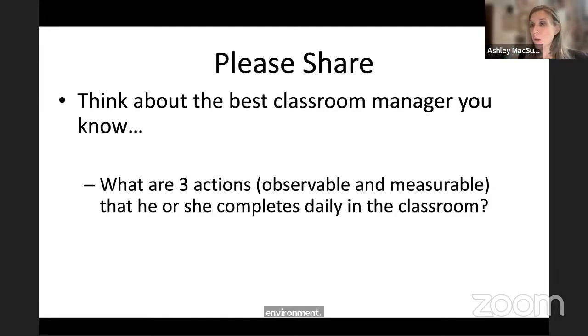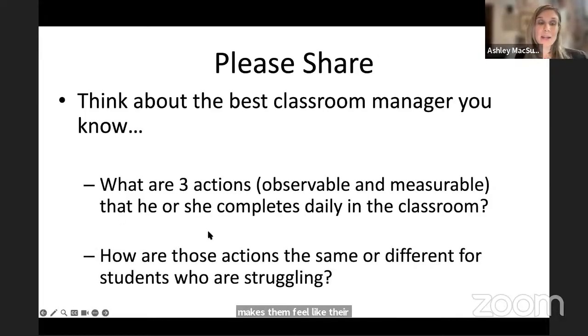Or what do you think helps them manage their classroom? Or why do you think you're having a hard time? Just like if you're asking a kid who's struggling to read, they're probably not going to be able to tell you these things. And if I can't tell you why it's not going well or what would make it go right, then I can't do it. So part of your role is helping them to figure that out.